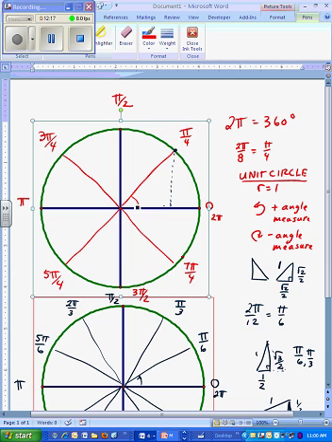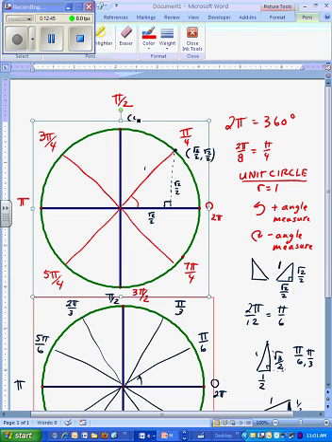So if we look at this one, it forms a 45, 45, 90 right triangle. And remember our hypotenuse is 1, and so this is square root of 2 over 2, square root of 2 over 2. So if I look at the values of the x and y coordinates of this point on the unit circle, it's going to be square root of 2 over 2, comma, square root of 2 over 2.